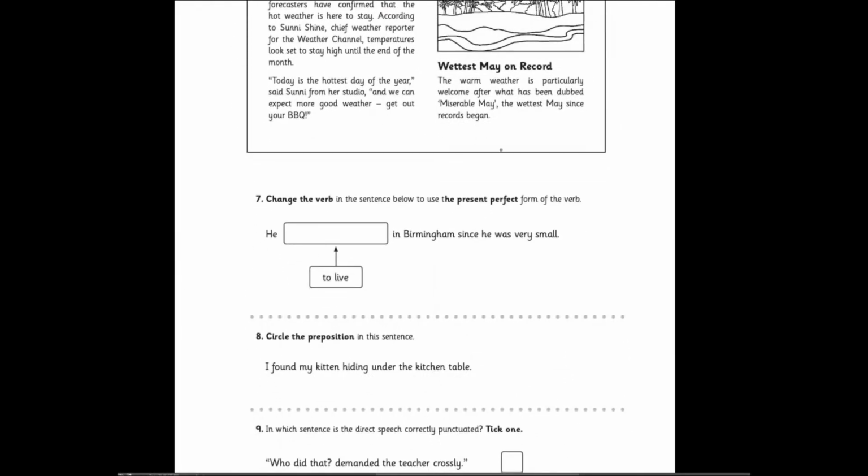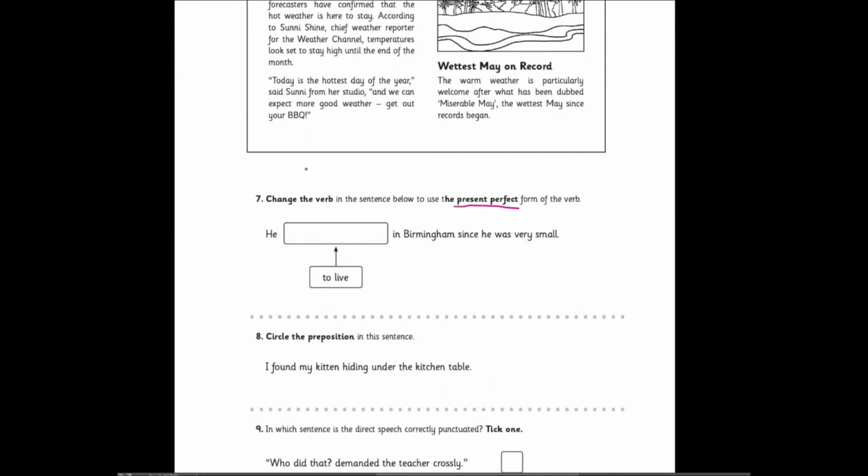Number 7, change the verb in the sentence below to use the present perfect form of the verb. Okay, present perfect. This is something which hopefully you've had a look at in some of the other worksheets that I've put online.